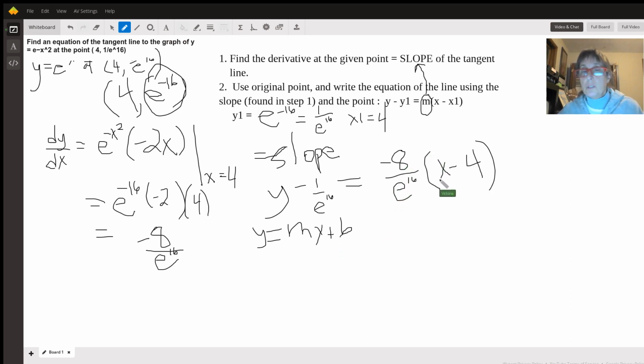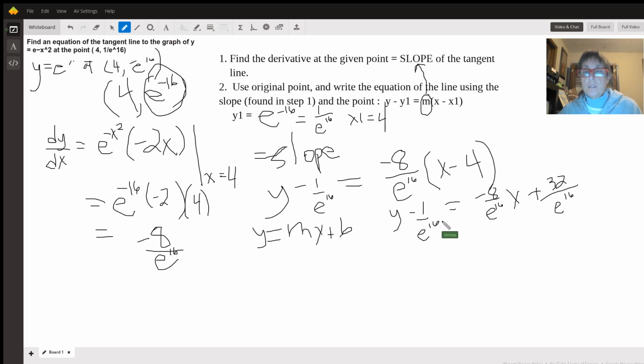You distribute this, so we have y minus 1 over e to the 16 equals negative 8 over e to the 16 times x. This is our slope, right? This is our slope times x. And then you multiply these and you get plus 4 times 8 is 32 over e to the 16.